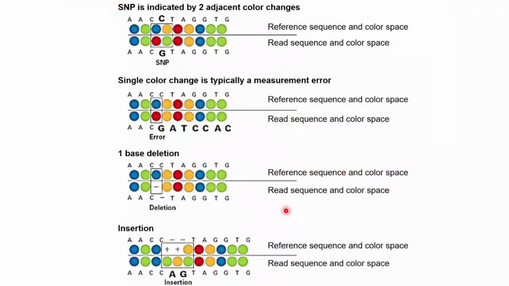Now, SNPs. Let's say you have your reference sequence, which is here, and then you have a read here that has an SNP. You'll see that 2 colors will change. So when you see 2 colors changing, you know directly that this is an SNP, right?